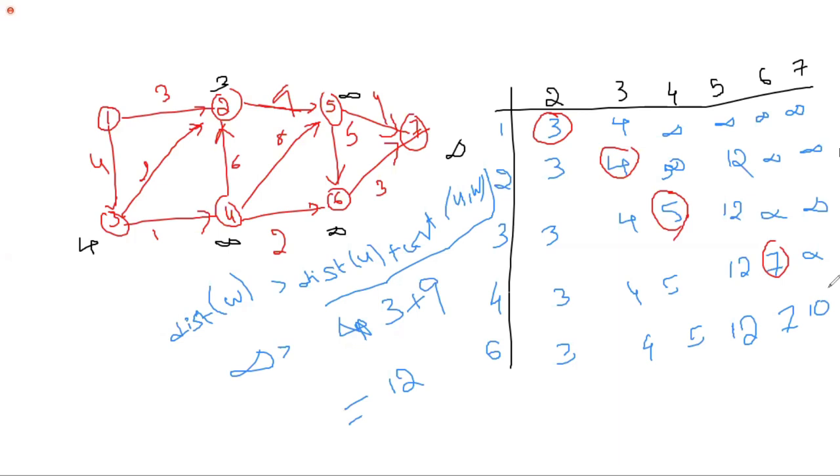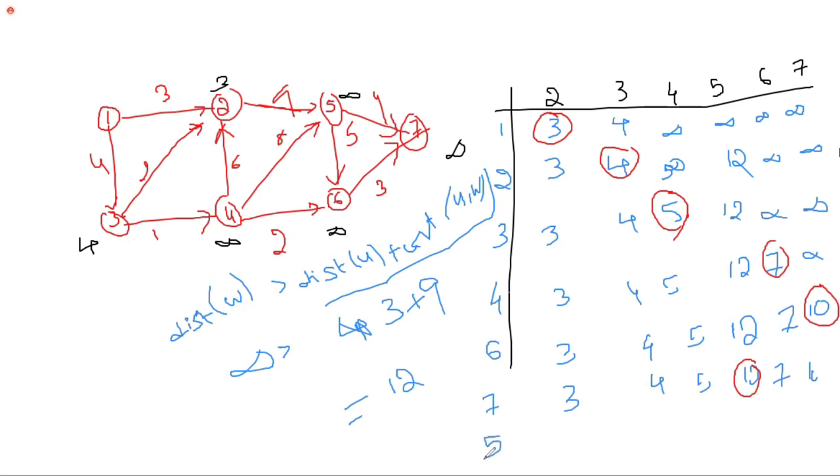Next I am visiting the next vertex, that is 7. This is 3, 4, 5, 12, 7, 10. Next we will visit the vertex with 12, and the corresponding vertex name is 5. We are updating that vertex 5.